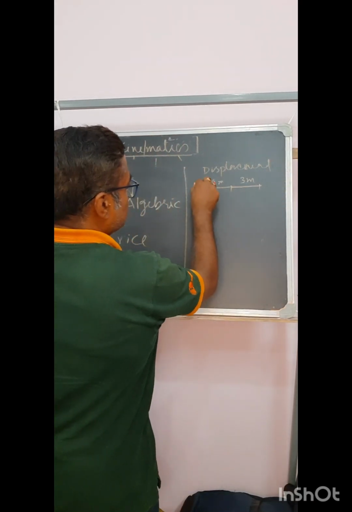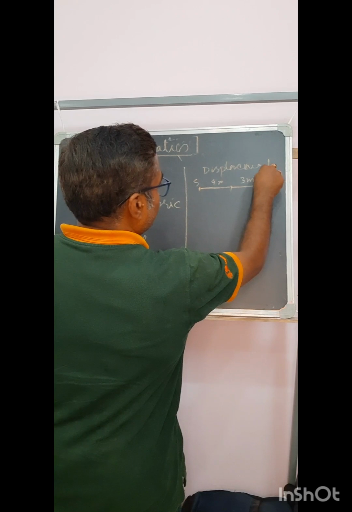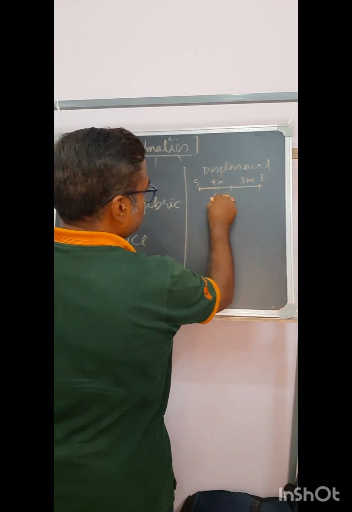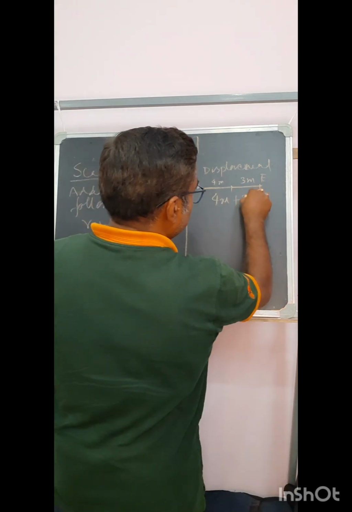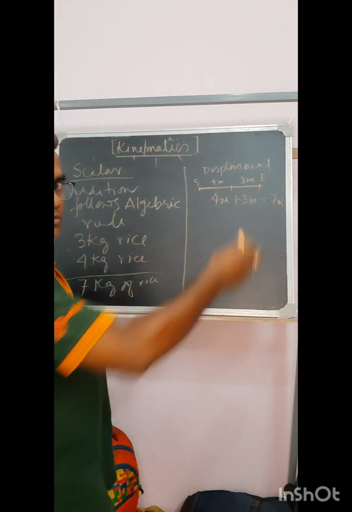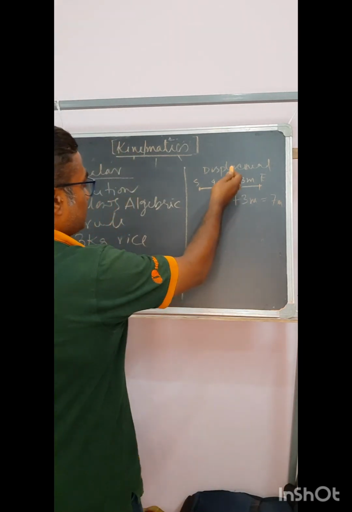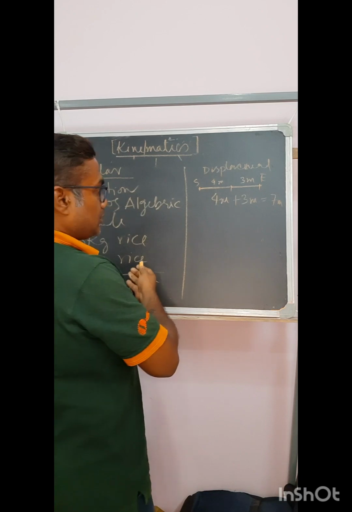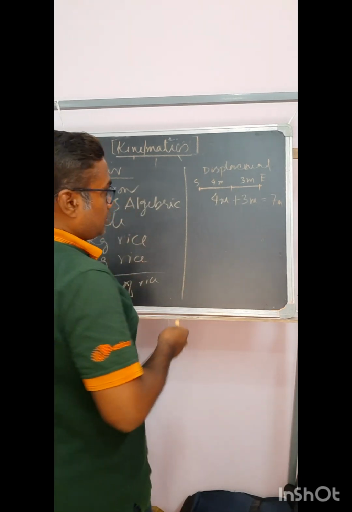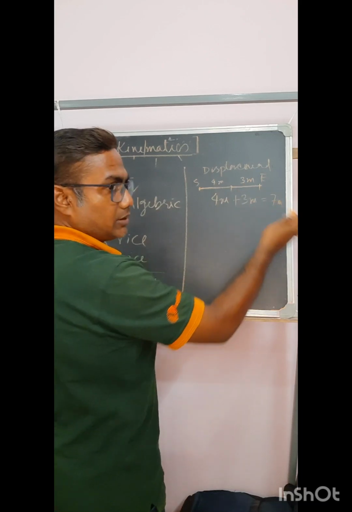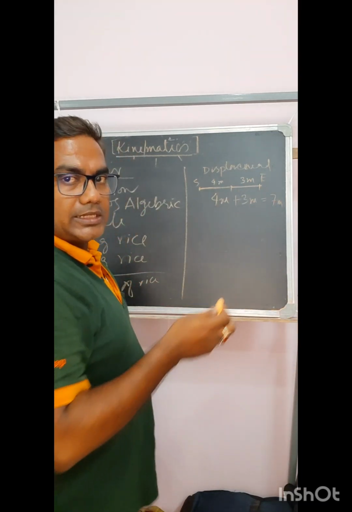From the starting point to the end point, the total path moved is 4 meter plus 3 meter, so this is 7 meter. It is very easy to calculate. By seeing it, you can assume that this is nothing less than a scalar calculation, because it is added as we do in algebra.